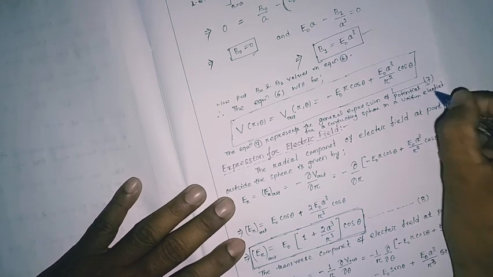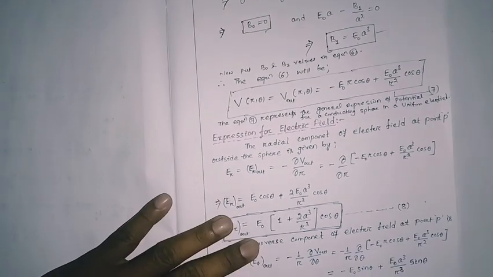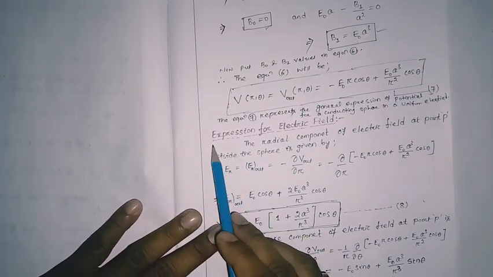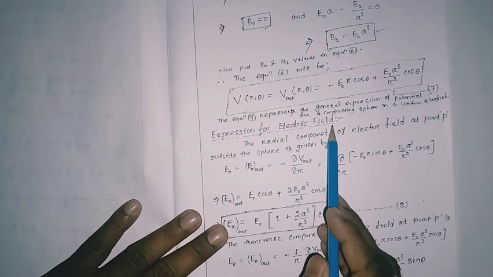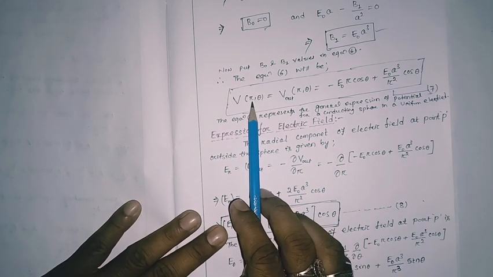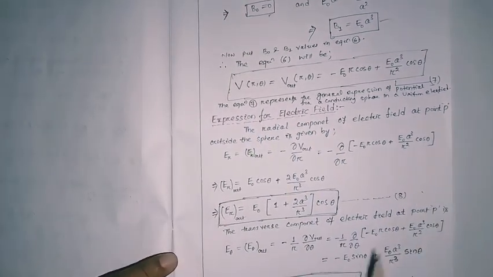Uniform electric field. Now we are going to go for the expression for electric field. We are going to use equation number 7 to find out the electric field.